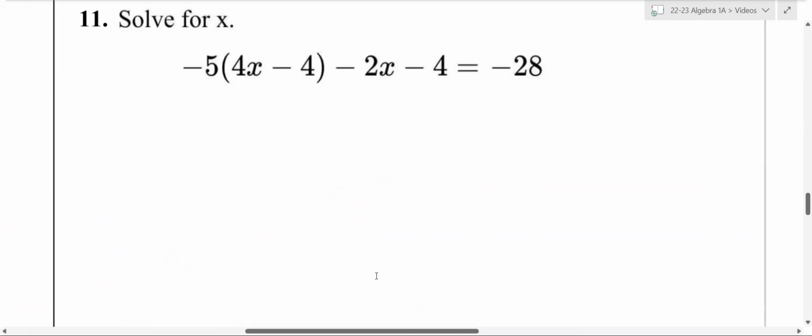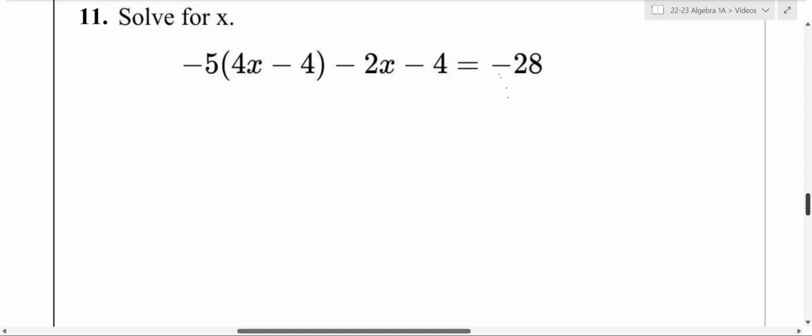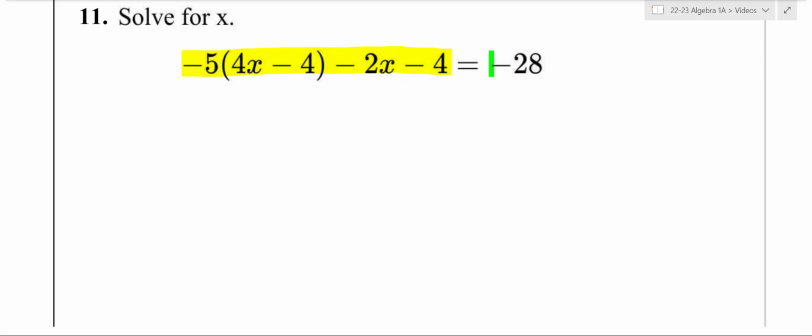All right, now for number 11, it's a similar problem. Here we go, this one is the left, this is the right. So what we're going to do is clean up the left-hand side. We're going to distribute the parentheses.